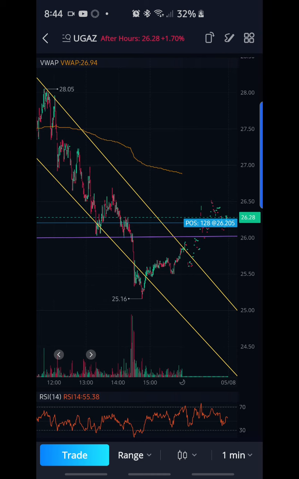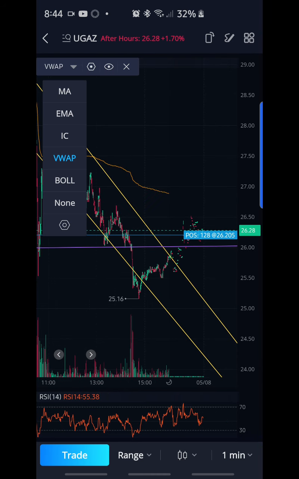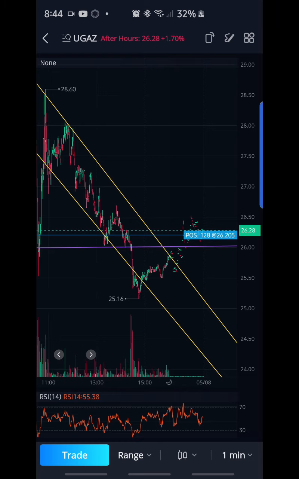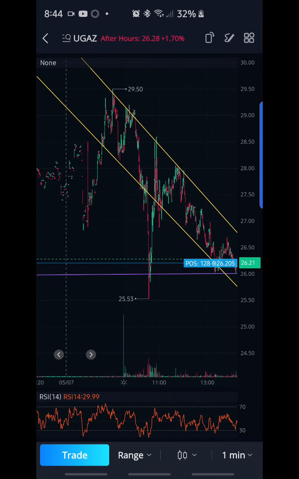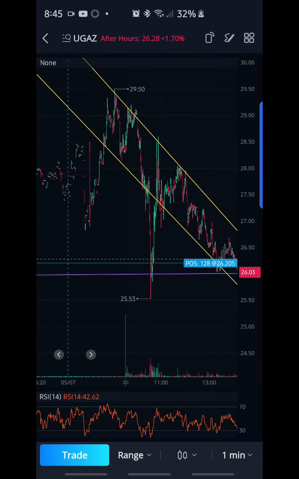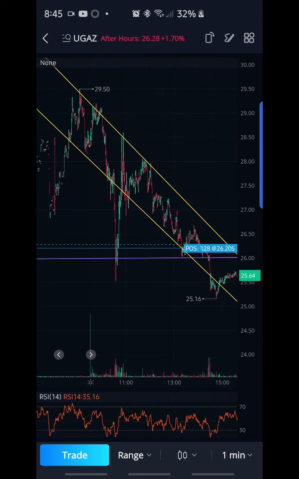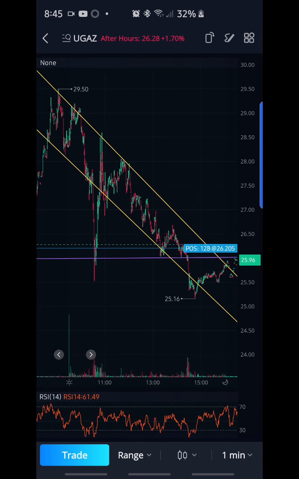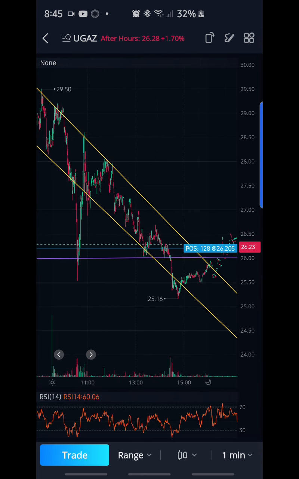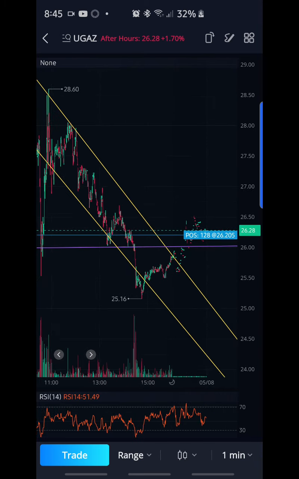We won't be focusing on that today, so let me take it off if I could. I made these trend lines at about 10:30 this morning, and as you can see, the trend lines acted as support and resistance all throughout the day.